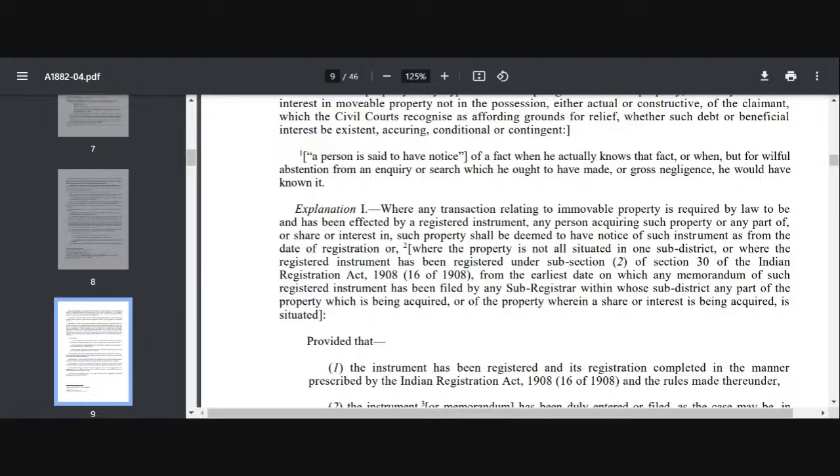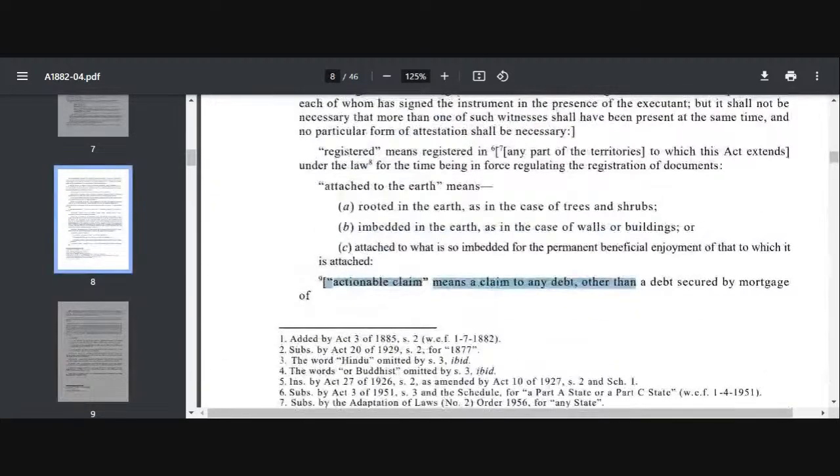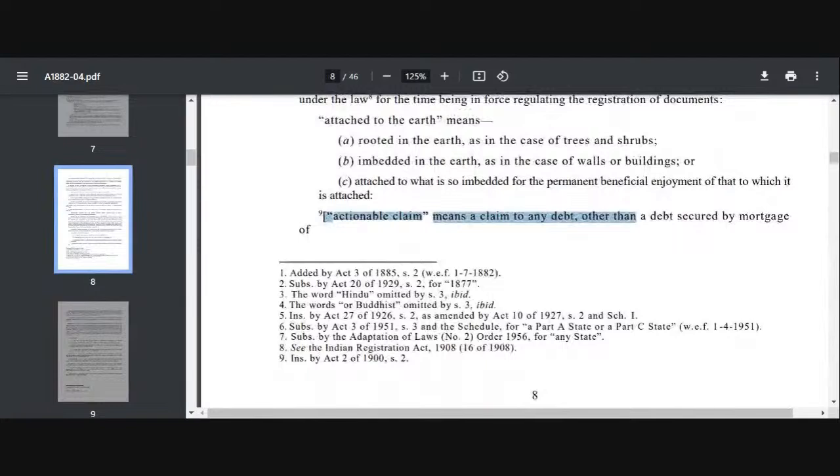So if you have a right to take possession of a movable property from the possession of another, that is your actionable claim.